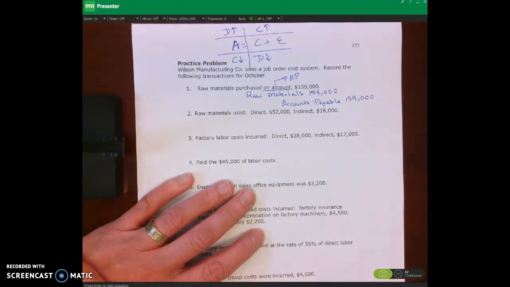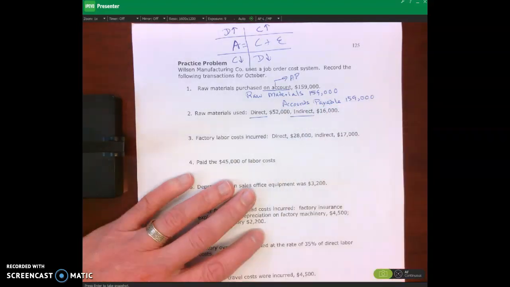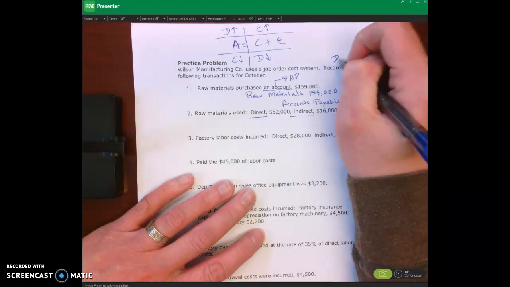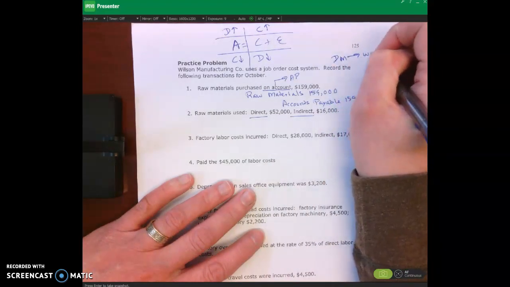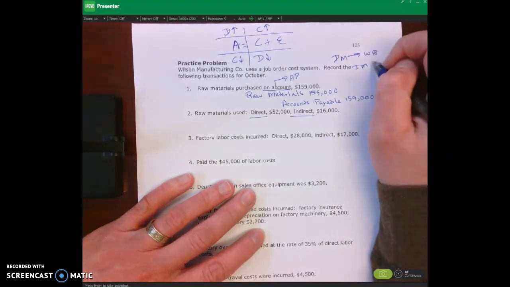Okay? Now, in terms of raw materials used, so direct, and then we have indirect. In a prior lecture video, I was talking about direct versus indirect. Direct materials go straight to work in process. Indirect materials are part of manufacturing overhead.